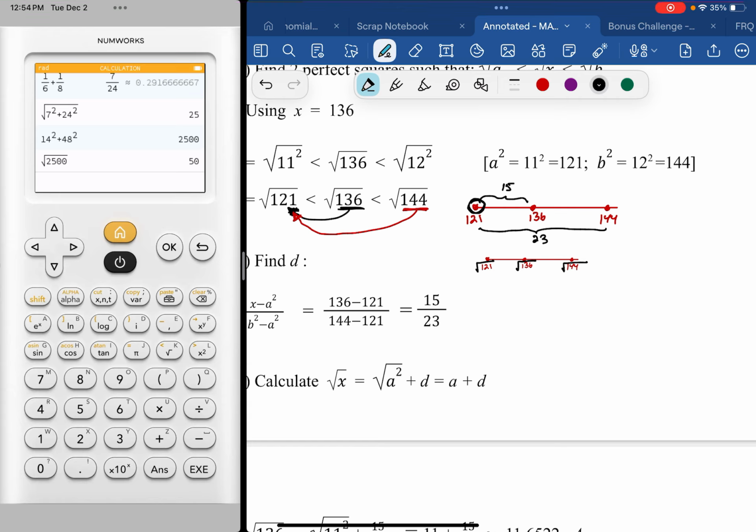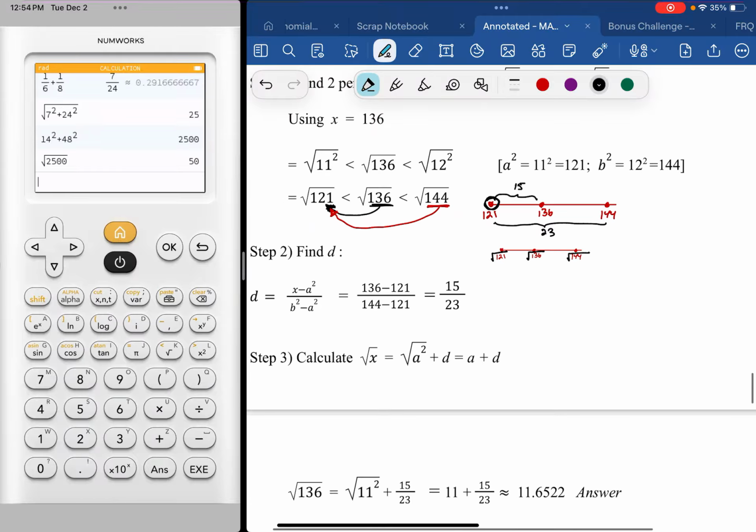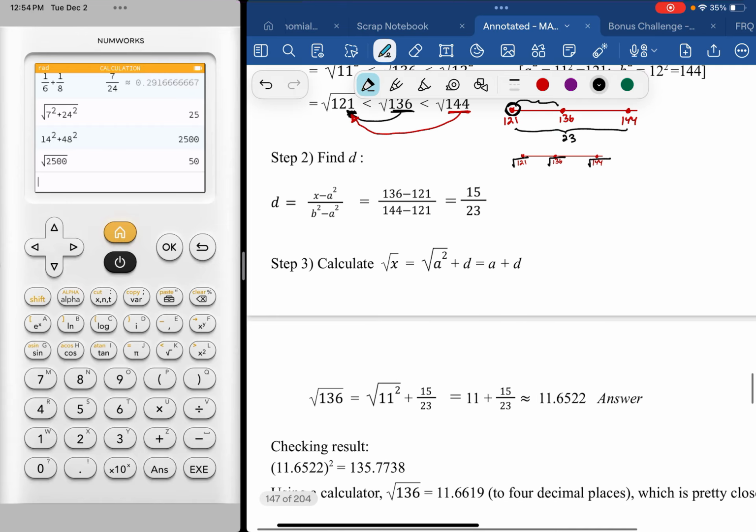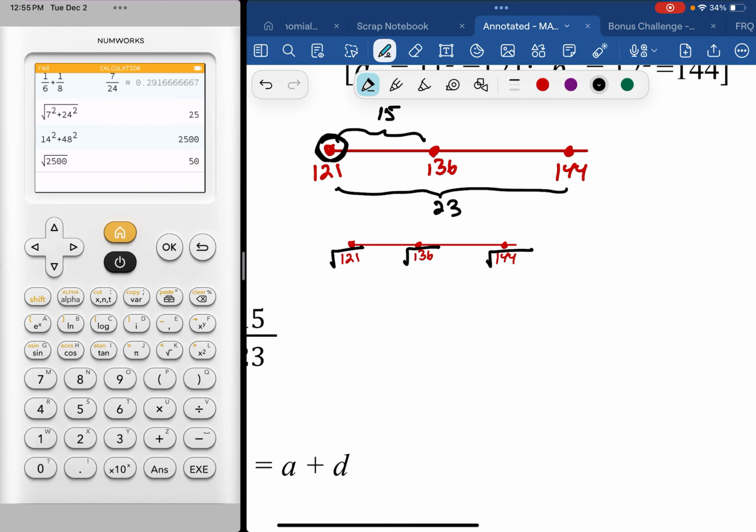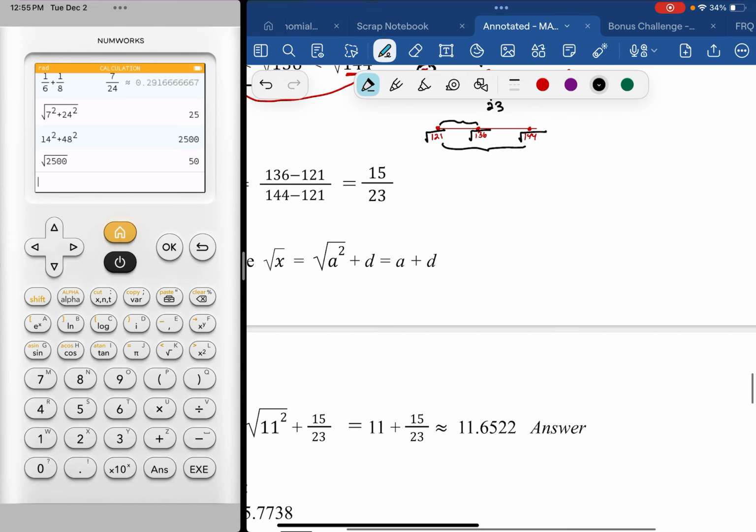All right. So hopefully that way of visualizing it makes a little bit more sense. But what this is really saying is that this would have that same ratio. All right.